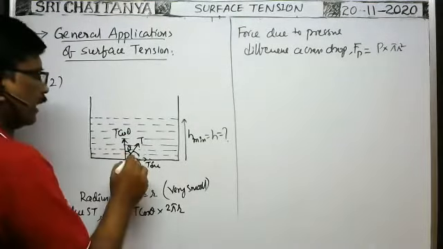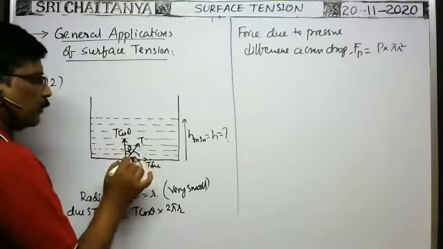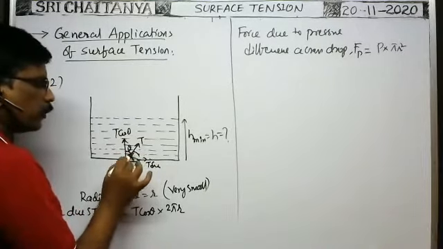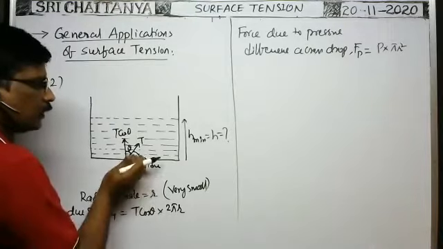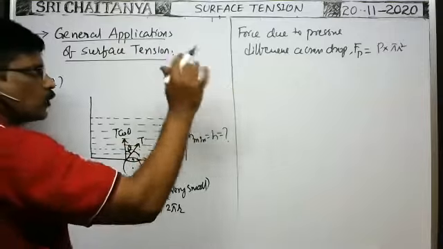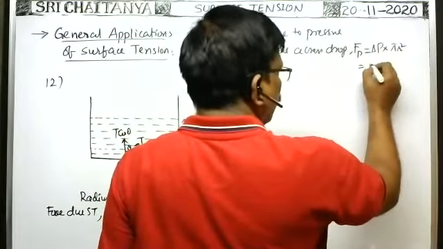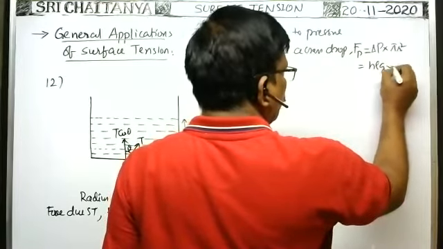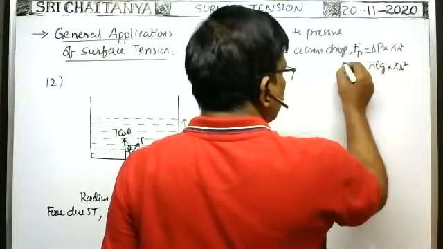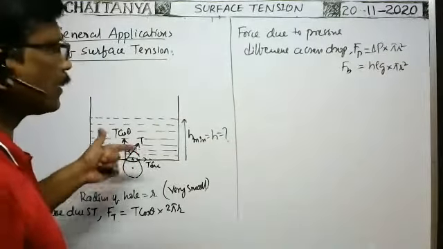On that pi r square area of cross section, the pressure difference is equal to H rho g only, because total pressure at this point is P naught plus H rho g, from outside P naught. So P naught plus H rho g minus P naught means H rho g. So that is the pressure difference across the hole. That is equal to H rho g into pi r square. This is the force due to pressure difference acting across the liquid drop.